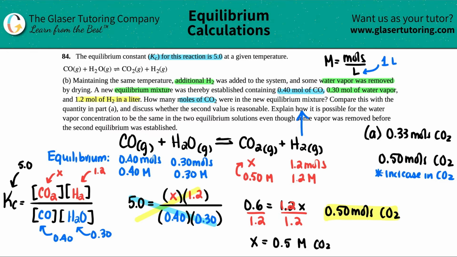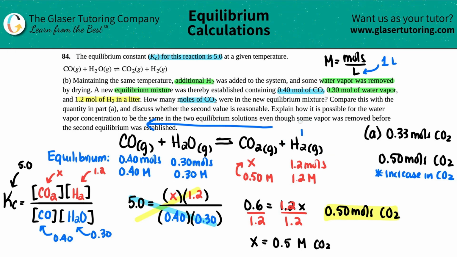So, according to Le Chatelier's, if you increase a concentration of something, you have way too much. You need to get rid of it. So what's going to happen? Well, the shift is going to go away from where you added. If I have too much H2, I need to shift to this side.